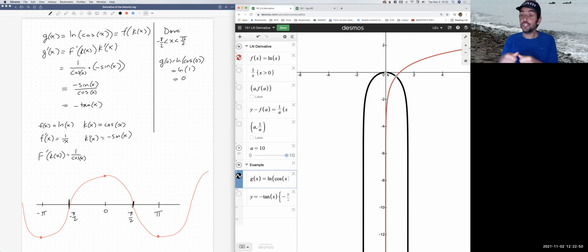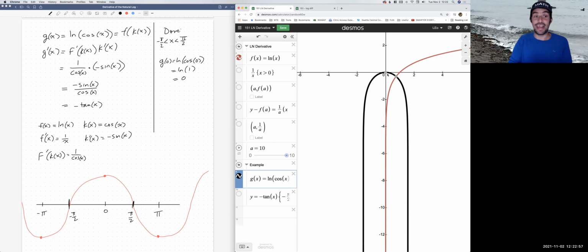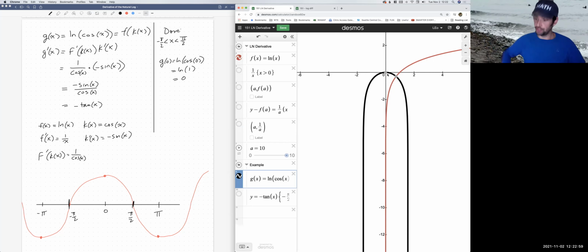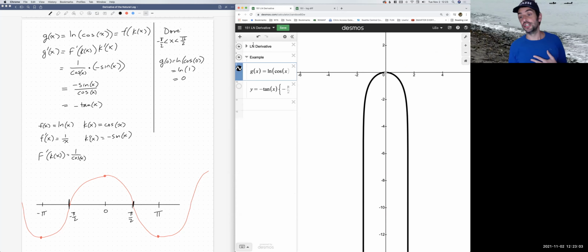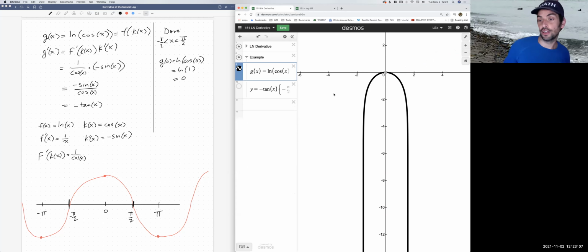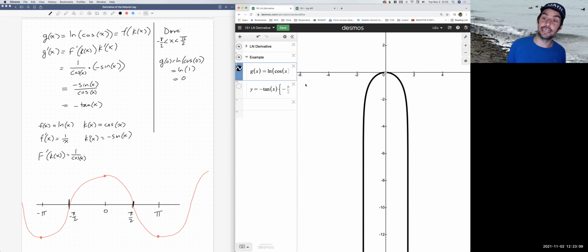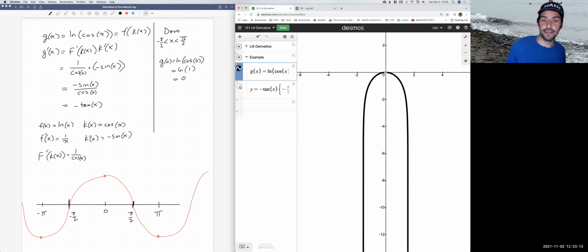Well, now with our composition, as we put in values getting closer and closer to pi over 2 and negative pi over 2, natural log is getting values closer and closer to 0, so it does what natural log does and gives us really large negative numbers. So we see this really elongated upside down U, or I guess like a stylish N.